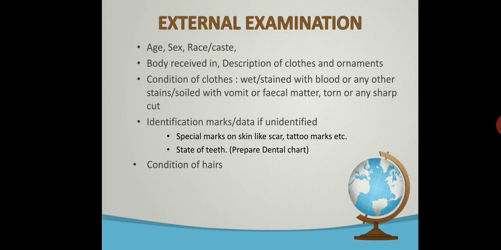The condition of the clothes may be stained, soiled, torn, or sharply cut. You have to write all those things in the external examination in columns number 7 and 8. Ultimately, in an identified case, you have to mention that the dead body is identified, but if the dead body is not identified, then you have to mention the special marks of identification, the condition of hair, etc.